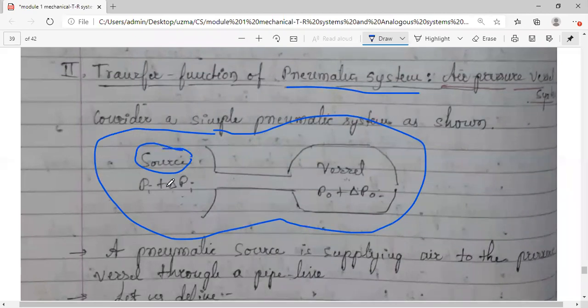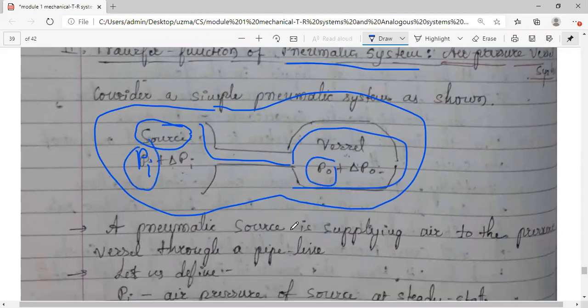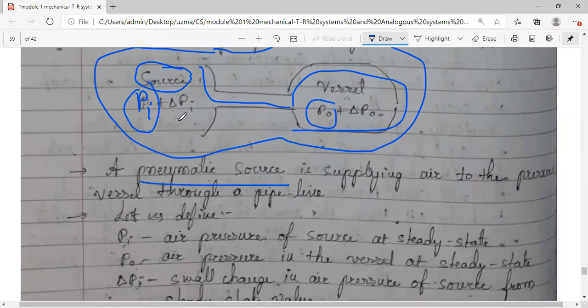With some source, you are supplying air, and when this enters, this vessel will be filled with the air with some pressure, Pi and Po, initial values. A pneumatic source, I'm talking about, is supplying air to the pressure vessel.